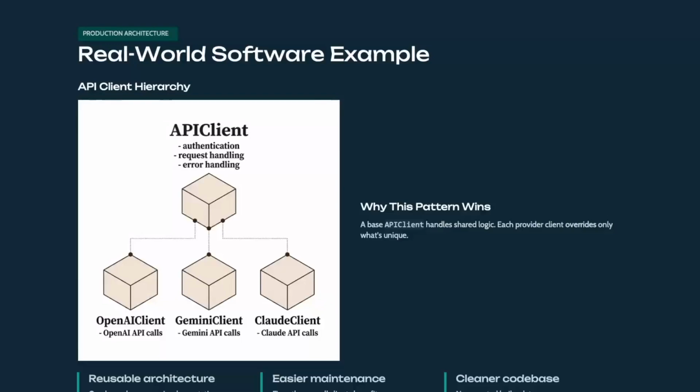Provider-specific behavior can be overridden when necessary. This architecture is easier to maintain, easier to test, and much easier to scale than copying the same code into every client. Say there is another client, for example a Grok client, to be implemented. We can follow the same process. This is exactly how inheritance, overriding, and super are used in many production systems today.